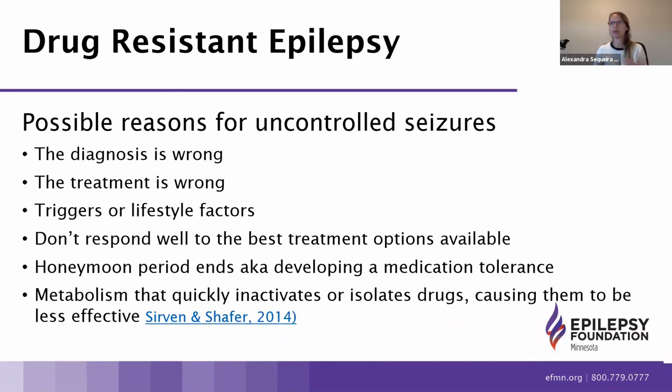There are so many different potential factors, but we always try to figure out, is there a clear provoking trigger? And if there is, are we able to modify it? Are we able to eliminate it? Because if we're not, it might still be considered an increased risk of having recurrent seizures.